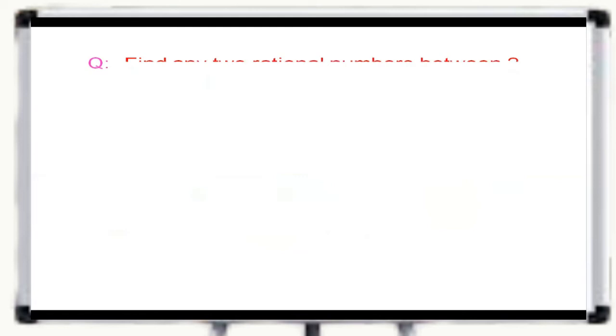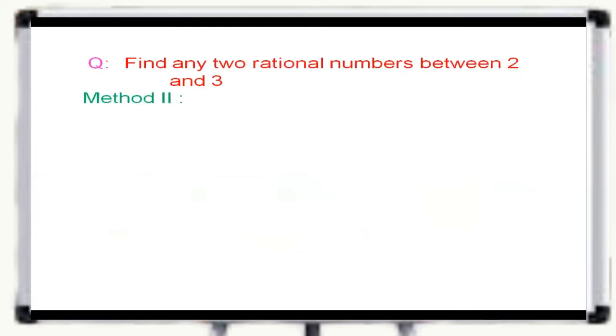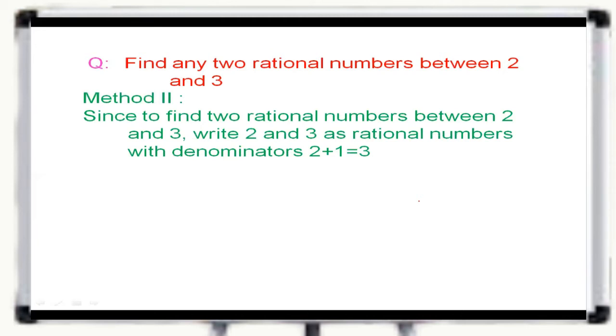You can find the answers by trying another method also, that is method number 2. Method 2: to find two rational numbers between 2 and 3, we write 2 and 3 as rational numbers with denominators 2 plus 1, which is equal to 3.